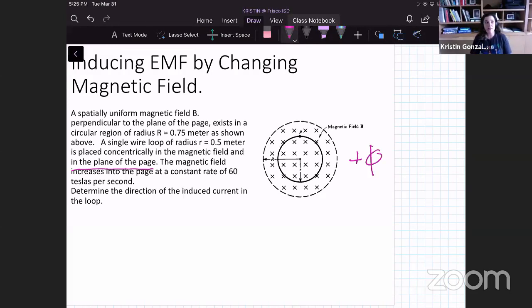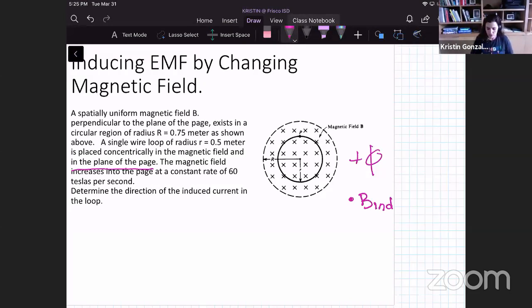So what I like to tell my students is that we are always going to induce a field that's opposing the change. So if I have an increasing change in flux, I want to create a magnetic field that's going to oppose that change. So I need to induce a magnetic field that's coming out of the page, that's opposing that change. So if my B field is increasing, I need to create a magnetic field that's going to decrease that change.